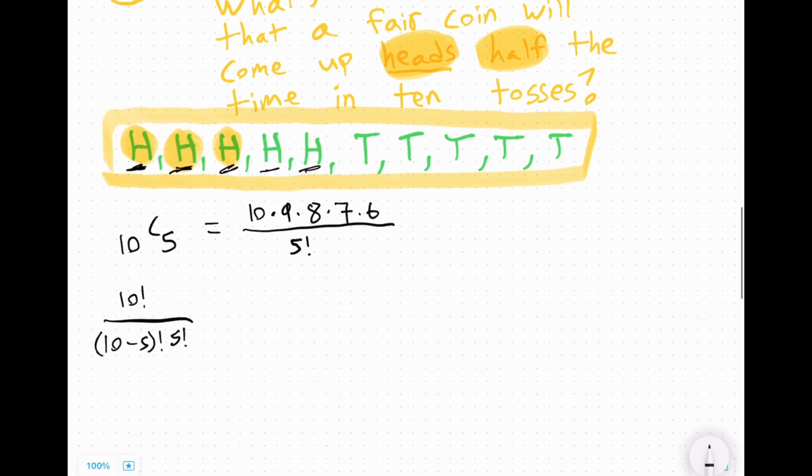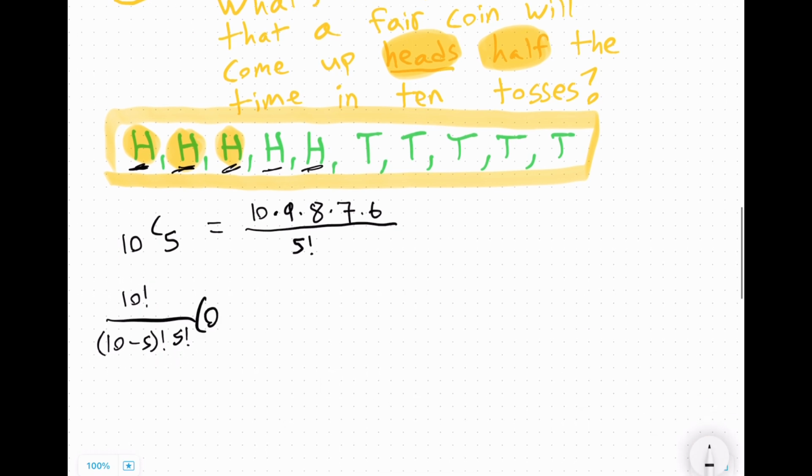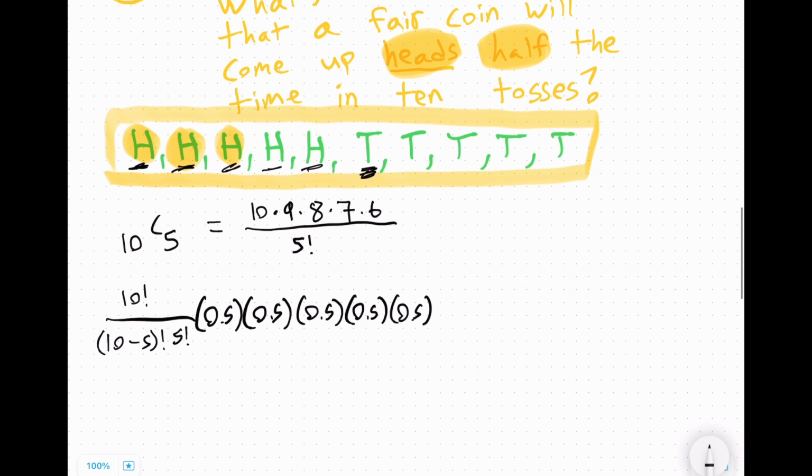I'm going to move this so that we have a little more room. So we'll multiply this by that 0.5 for that heads, that 0.5 for the heads, the 0.5, and that 0.5. Then we've got to think about what's the probability of not getting the heads. So that's going to be multiplied by 1 minus 0.5, 1 minus 0.5, 1 minus 0.5, 1 minus 0.5, and 1 minus 0.5.